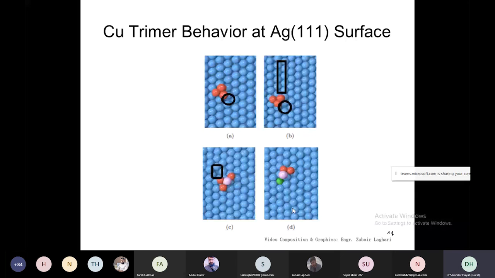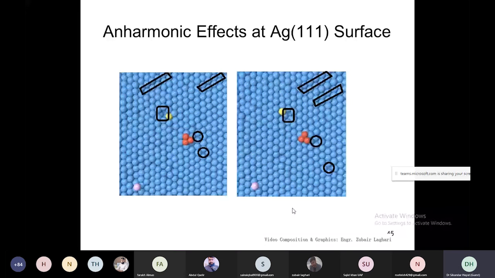We also saw the migration of the vacancy here. The rectangles represent the dislocations, while the circles represent the fissures. We can see here the migration of the vacancy: the yellow colored atom on the right side of the left picture, in the right picture, is on the top and the left side.